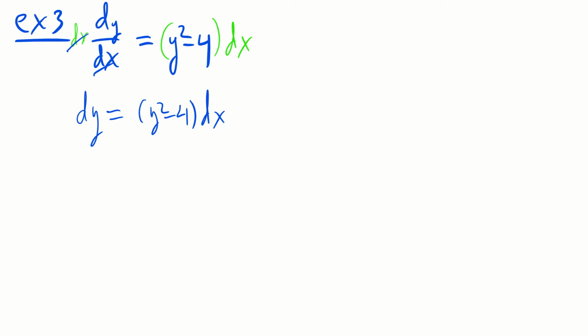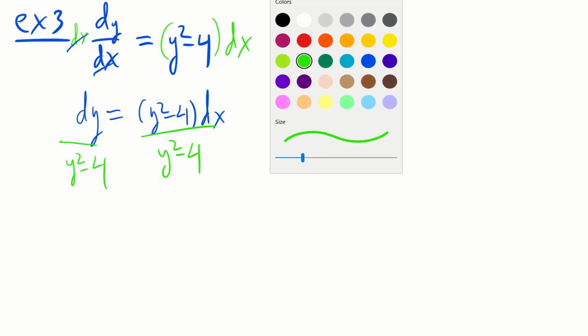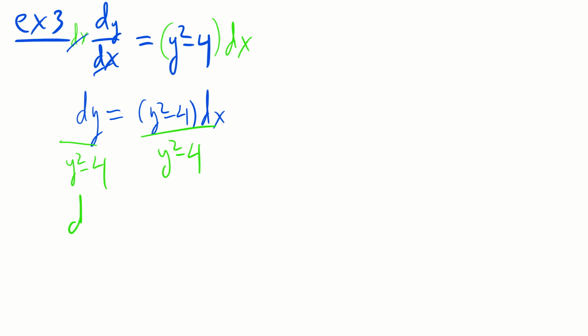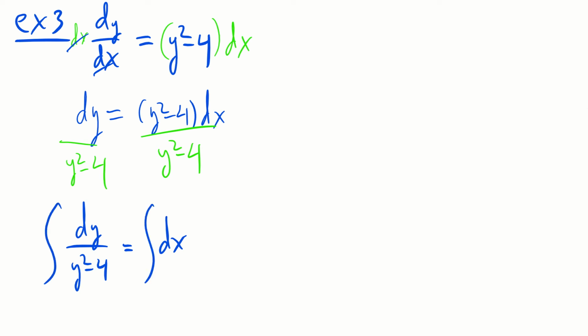We can now divide both sides by y squared minus 4, and we have dy over y squared minus 4 is equal to dx. So our differential equation was separable, and we're now going to integrate both sides to solve.